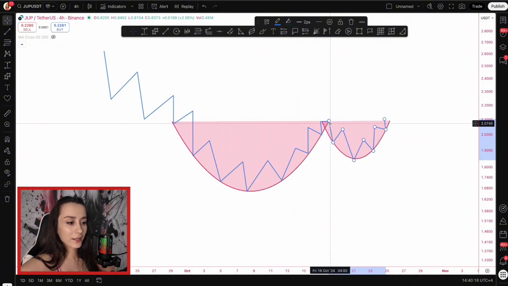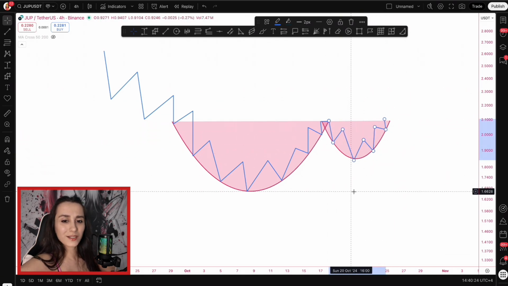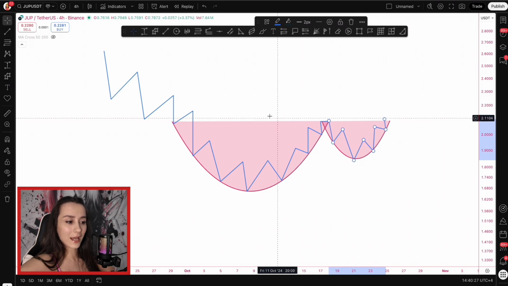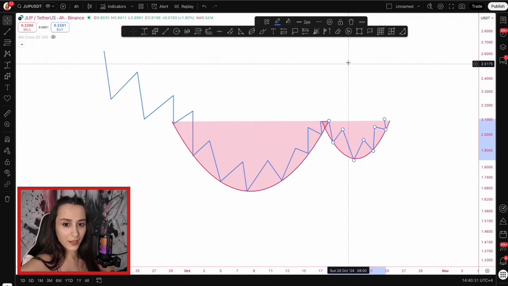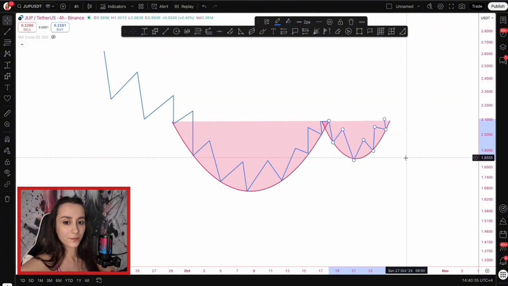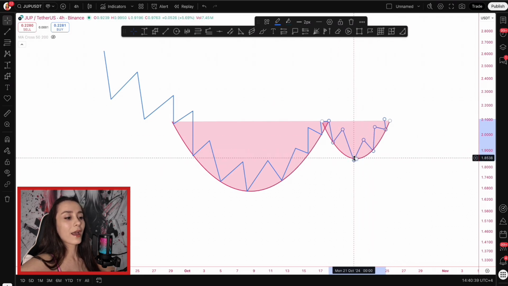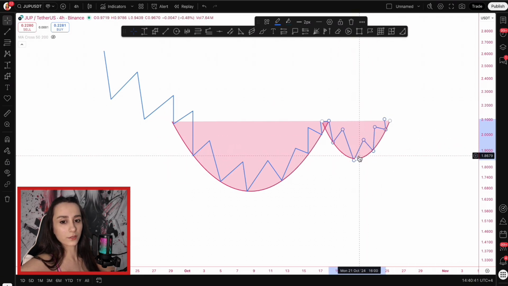After that, it will make a small handle like that, another curve. By the way, this is not necessary. When you see that, it might make the breakout, retest, and rise over there. Also, it can make a handle. Both work. It's just not necessary to expect a handle.